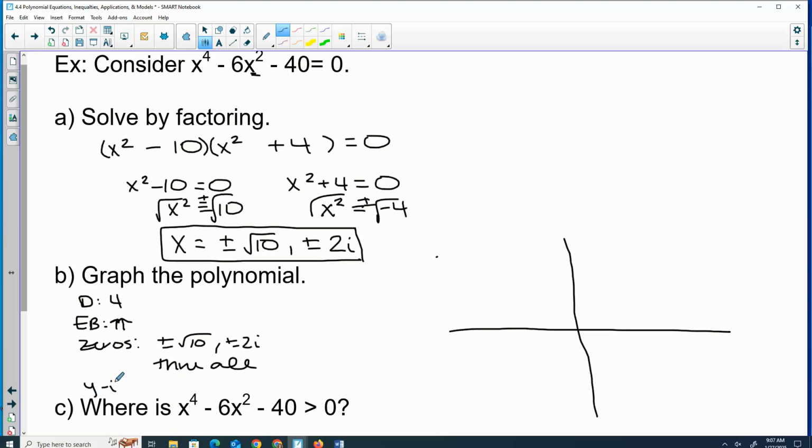Y-intercept, if you put in 0 for x, we get -40. Right. So my zero, square root of 10, we could certainly approximate that, it's a little past 3. Negative square root of 10 would be a little past negative 3.